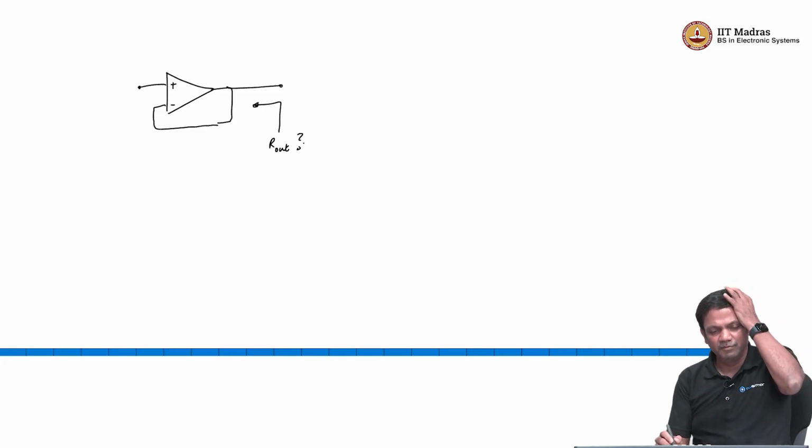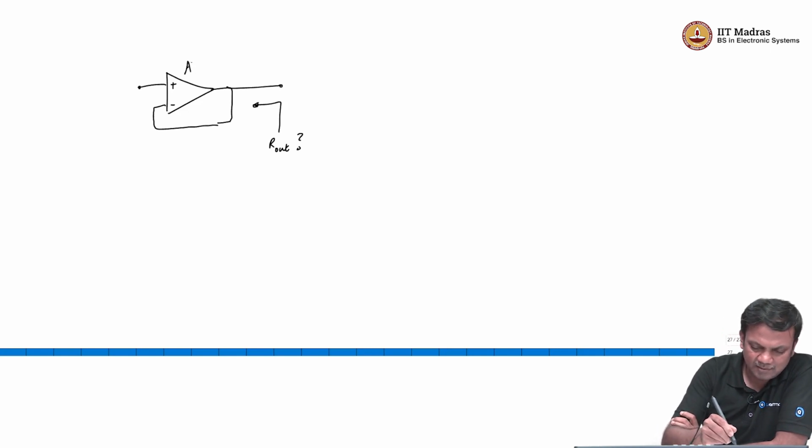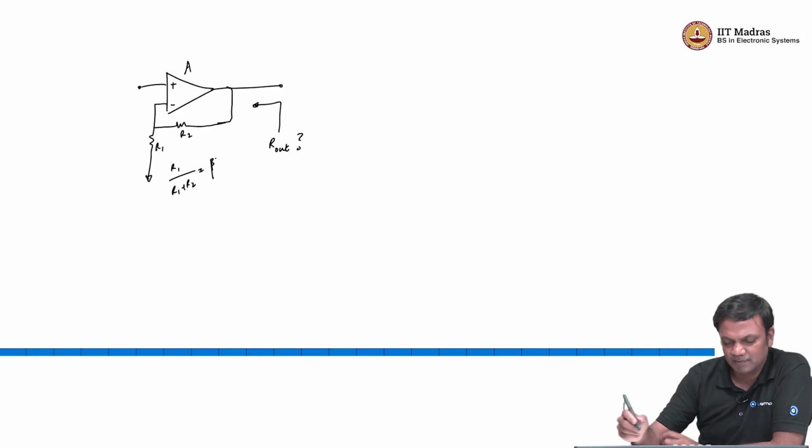When I have an amplifier like this, let us say this division ratio, R1 by R1 plus R2, we call this beta, right.